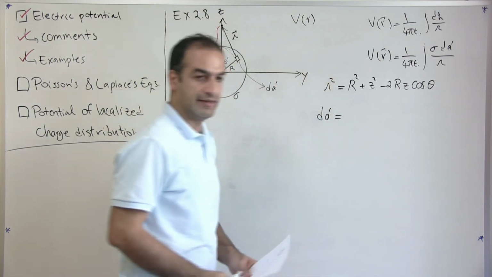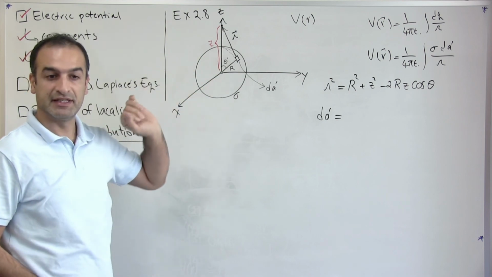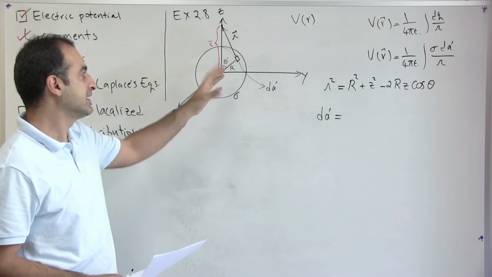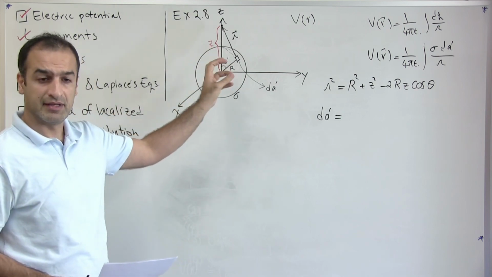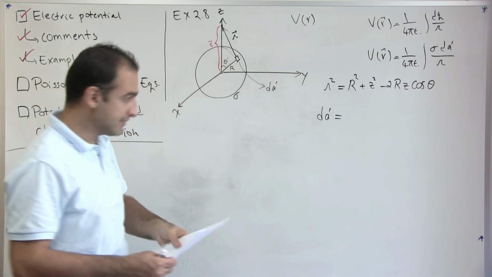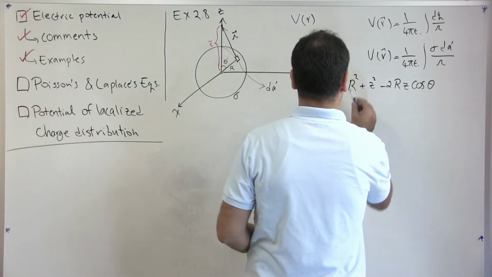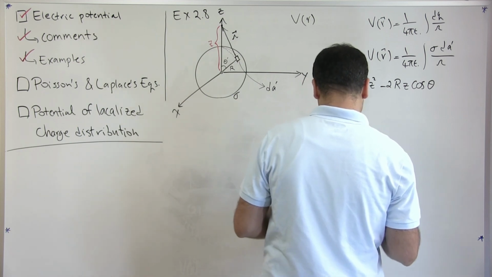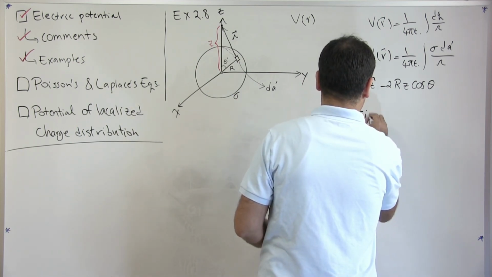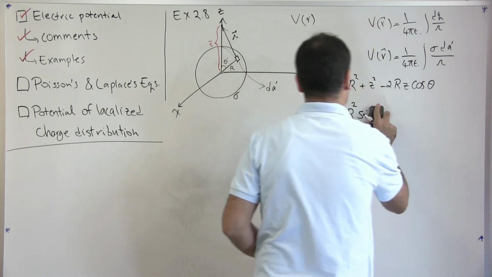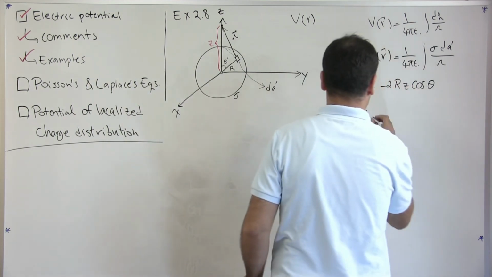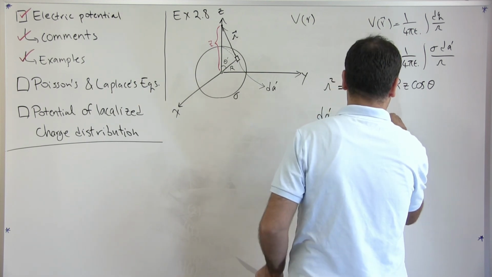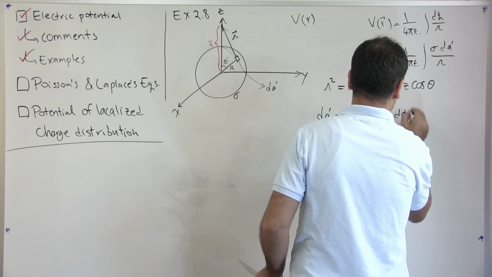And then the surface element, dA prime, is the area on the surface of the sphere. If you remember for spherical coordinates, I said there are three ways that you want to look at the infinitesimal area. If this is on the surface of the sphere, we are talking about something with the radius being constant and equal to capital R. So R squared sine theta prime d theta prime d phi prime.